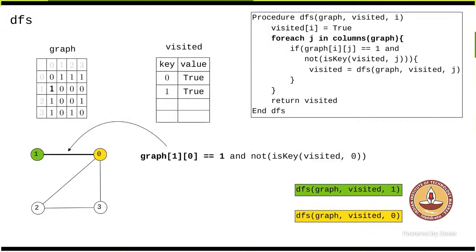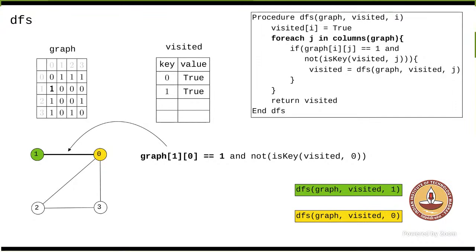Now, what happens to graph of 1, 0? It's 1. Okay, so shall I go and visit it? Can I do DFS of graph of visited comma 0 again? We will check for the next part of the condition, whether it's already present or not, for value 0.